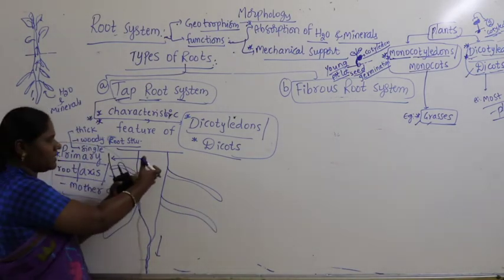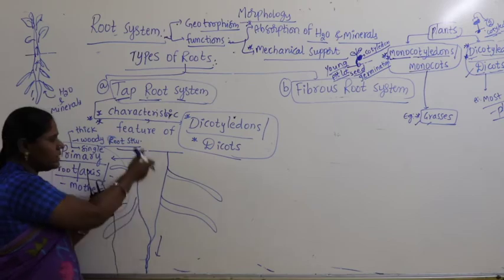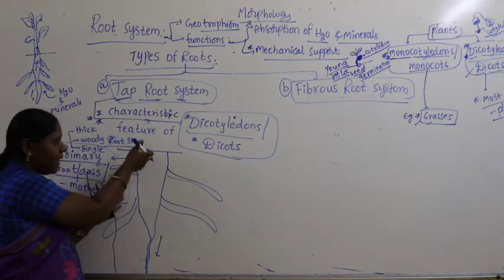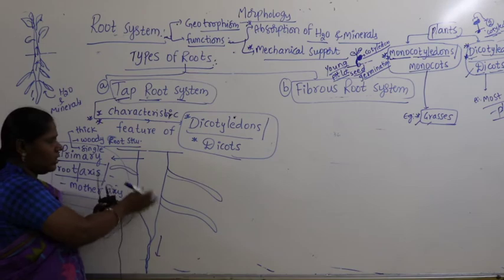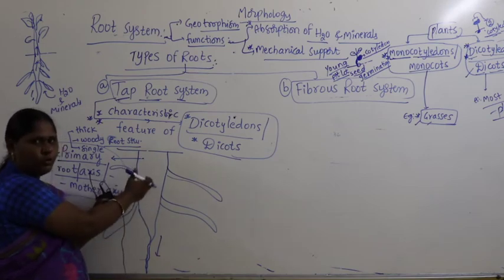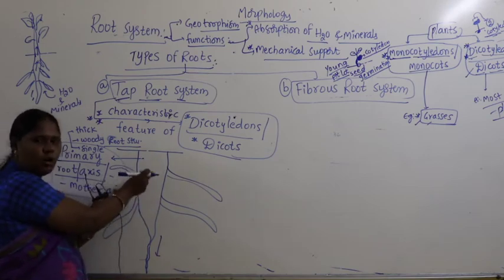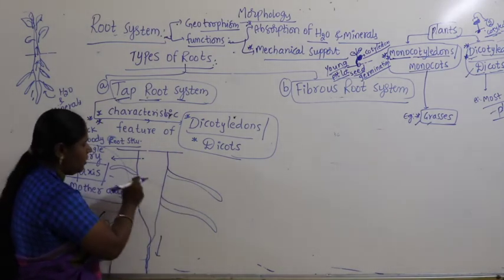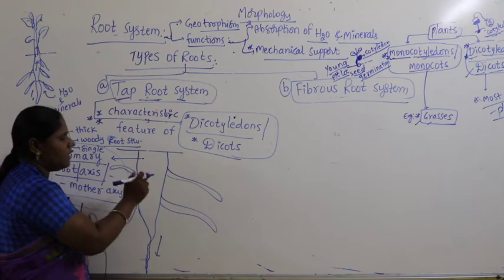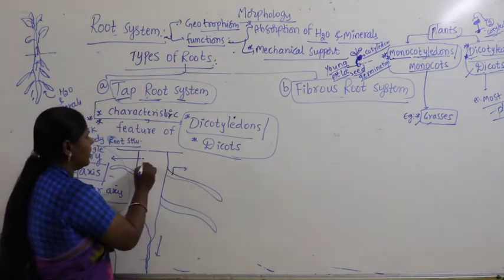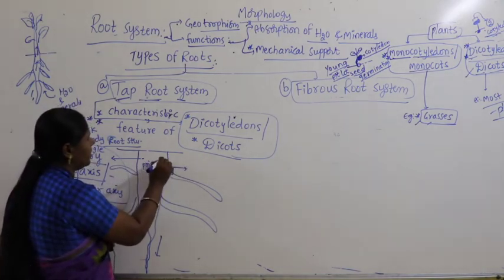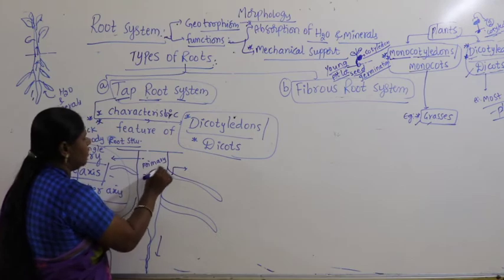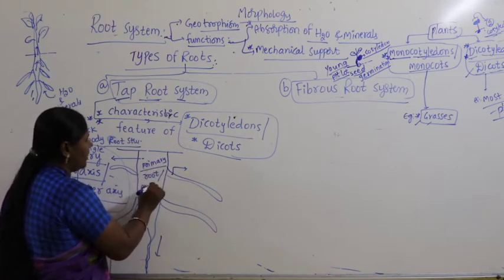This is the mother axis, the main root axis. This is the primary root that is produced first, thick and woody, called the mother axis, from which you can see the production of smaller roots. What I am writing in the center is called the primary root, or the mother axis.